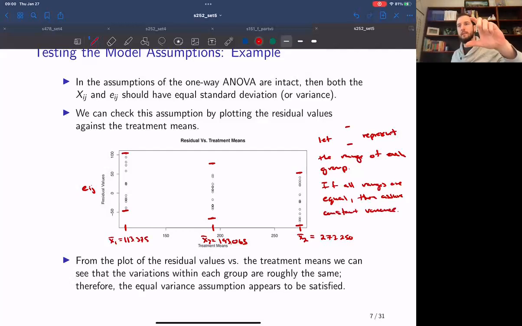So let the difference between those sets of horizontal bars be the range, which they are by definition. If those ranges are all equivalent, we can say that the variance is constant. And this works because each group should have mean 0. So if the ranges are the same, that would imply that we have the same spread around 0, which would mean that the variances are equal.